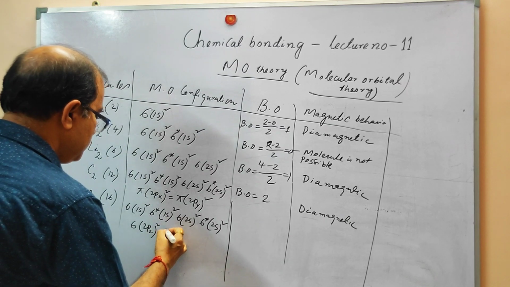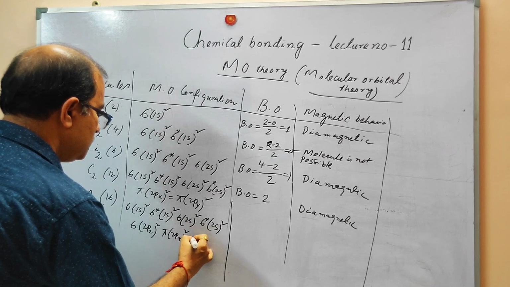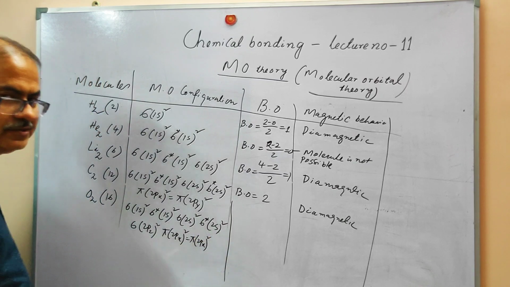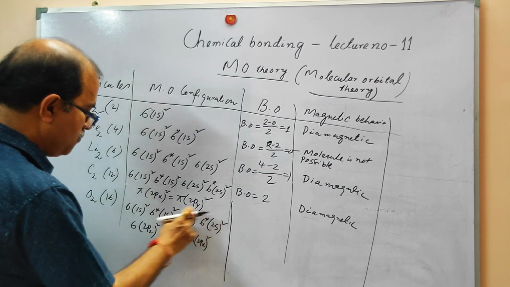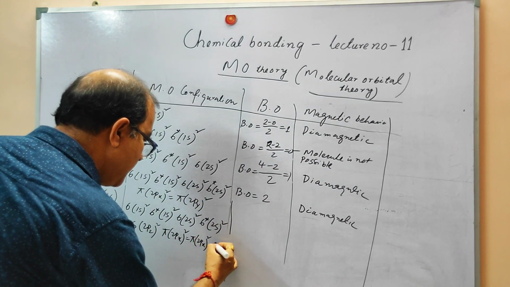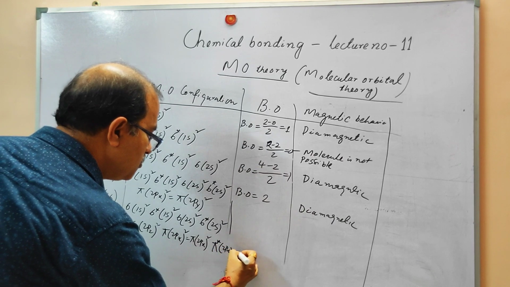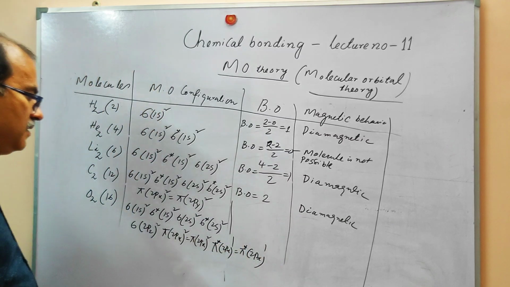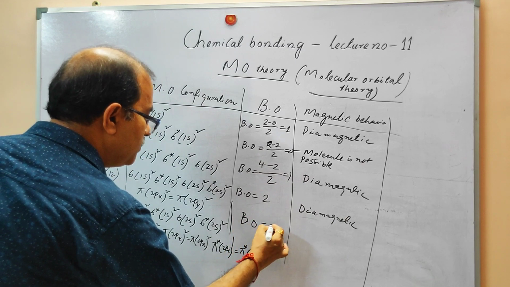Then we have pi 2px and pi 2py, with 2 electrons each. The total electrons we have filled is 14, and another 2 electrons will be in the anti-bonding pi orbitals, pi star 2px and pi star 2py, singly occupied. So the bond order we will calculate, and it will come around 2.